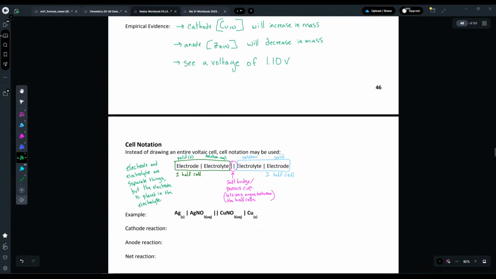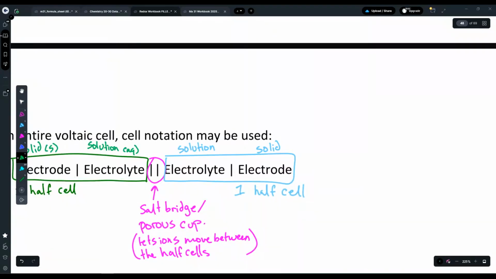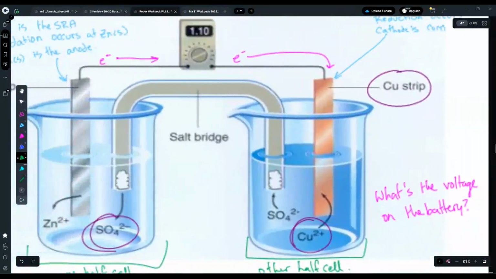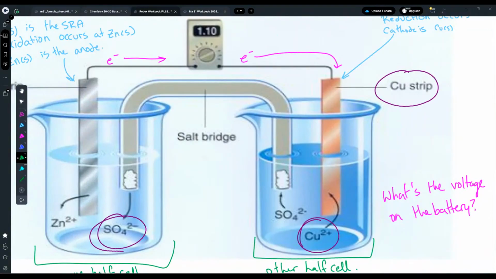Similarly for the other half cell, the electrode is placed in the electrolyte. If we were trying to represent the cell notation for this one, copper solid would be the electrode, and this solution would be the electrolyte.